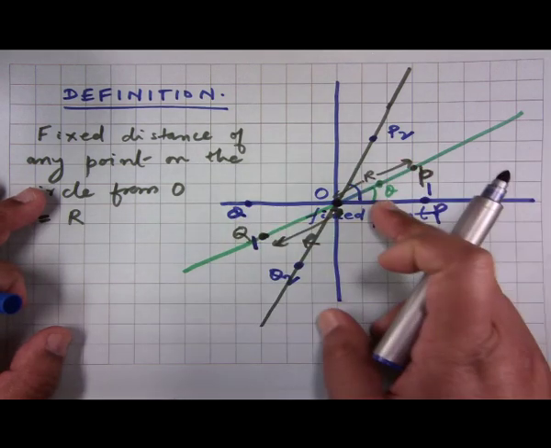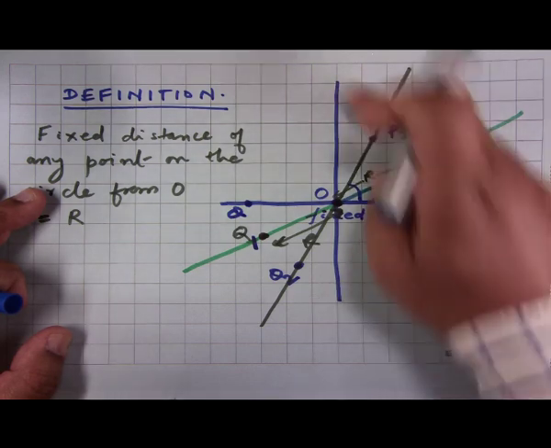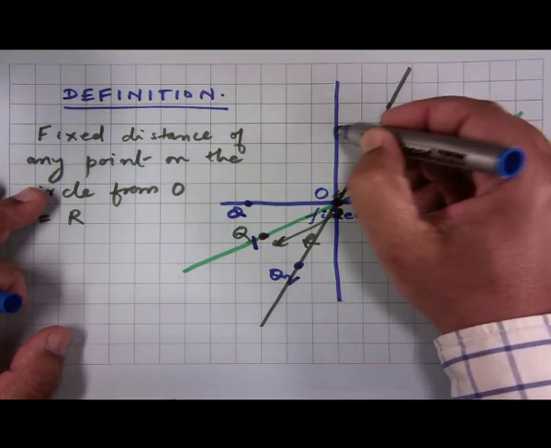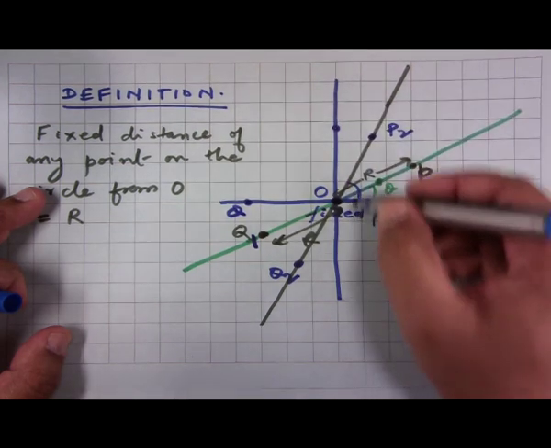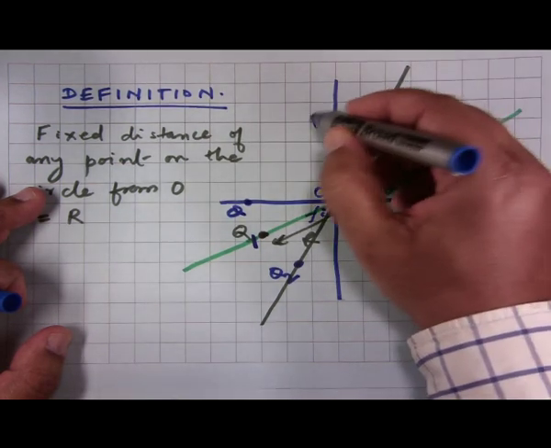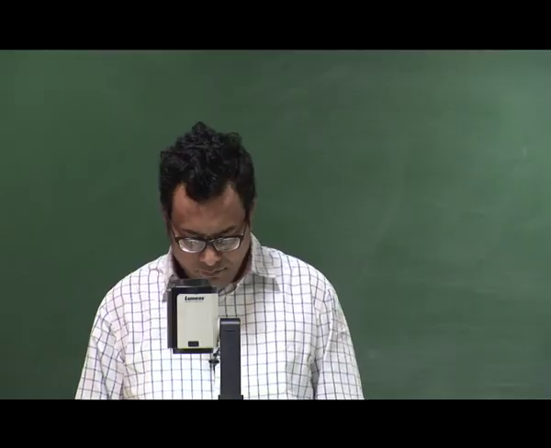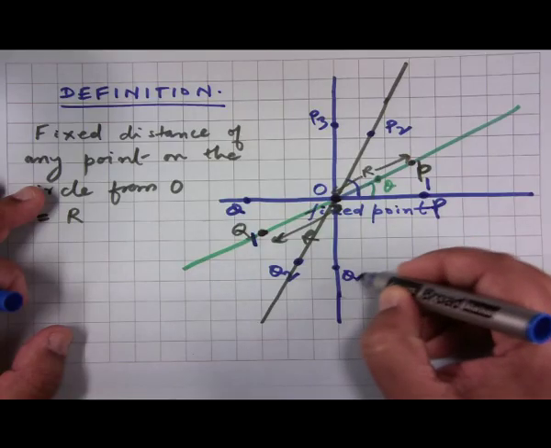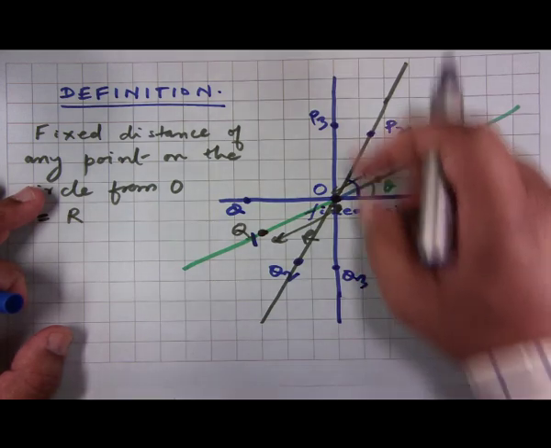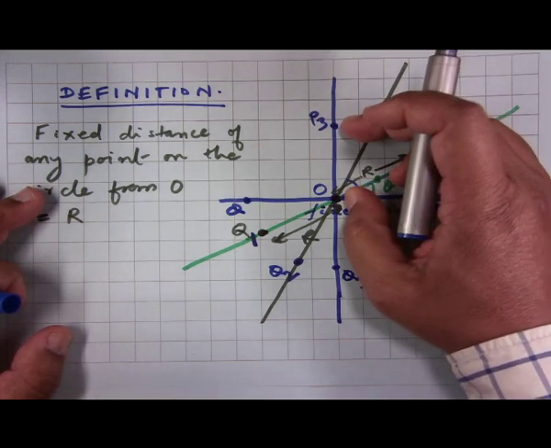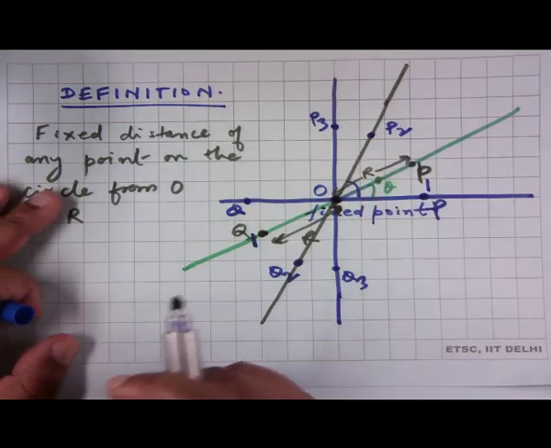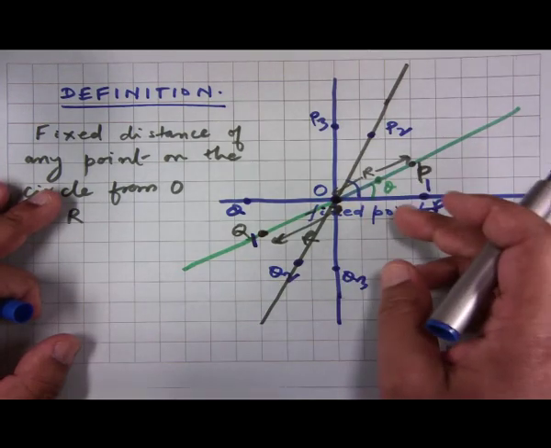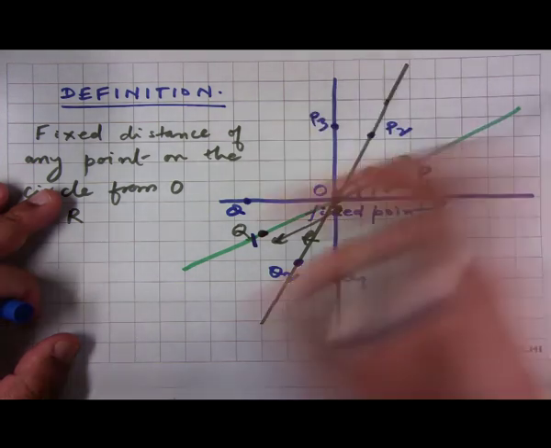If we take theta equal to 90 degrees, then we are on this vertical line, and then we get, let us say, this point P3 and Q3. So, this is also r, this is also r, and then we can take theta equal to 120, any possible angle.